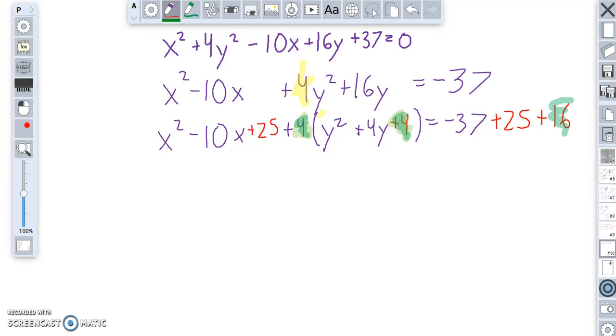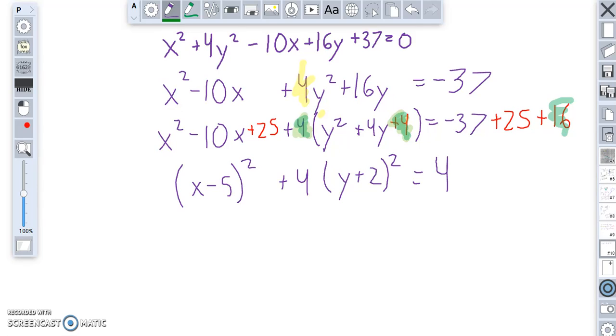I can rewrite this as x minus 5 squared plus 4, y plus 2 squared, equals negative 37 and 25 is negative 12. Plus 16 is 4. Ooh, that was cool. My brain got ahead of me.